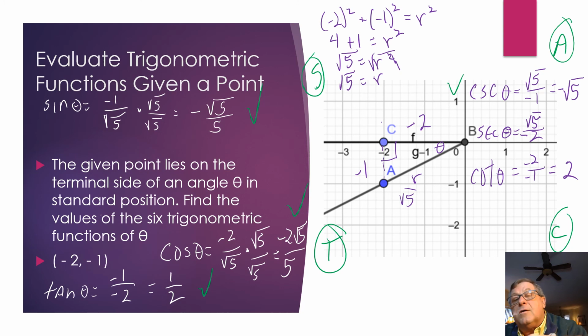And my secant function is just a reciprocal of the cosine, it's negative. But my cotangent, being a reciprocal of the tangent function, is positive because why? We're in the third quadrant, and only the tangent and cotangent functions are positive. All the other four are negative. How about that?